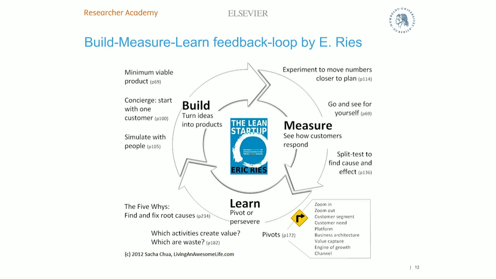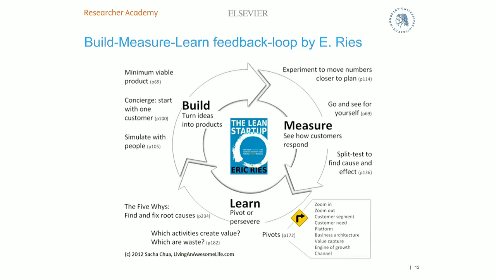Eric Ries is the creator of the Lean Startup approach, and he also created this Build, Measure, Learn feedback loop as one of the main methods within his strategy. What you see here is in principle just a more detailed description of what I've already showed you on the last slide. So let's take a look at this.